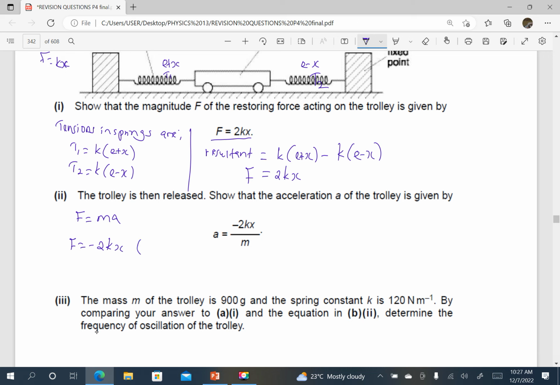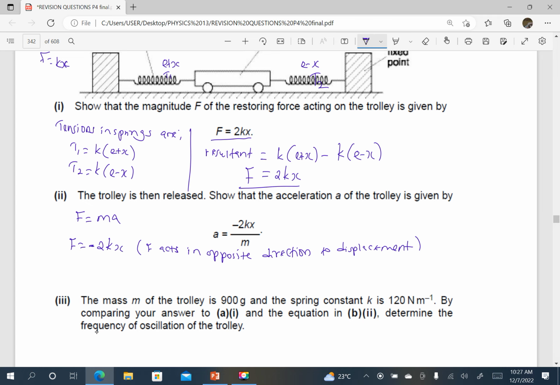The reason: F acts in the opposite direction to the displacement. That's why you see I've brought in the negative.